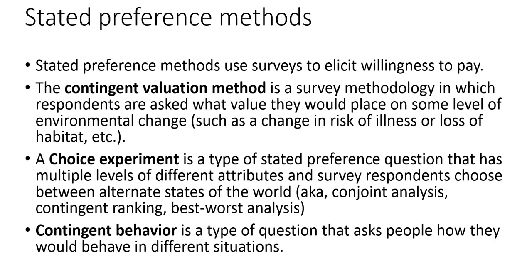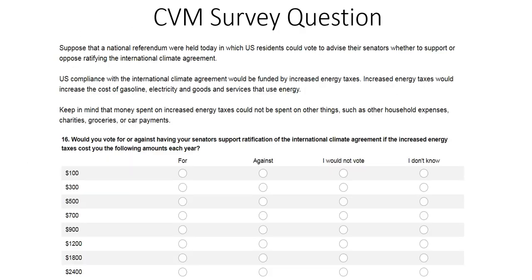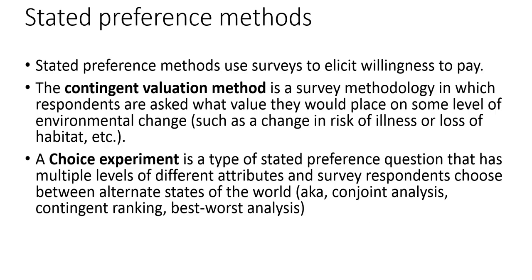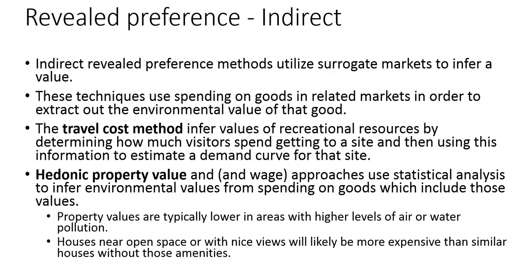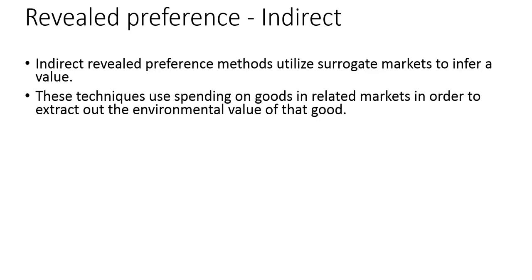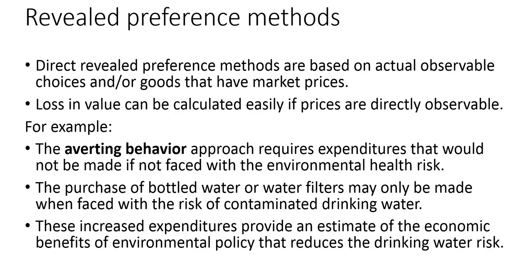The third type of stated preference method is known as contingent behavior. This is a question where you ask people how they would behave in different situations. So if we go back up to the averting behavior approach, you can ask people how they would behave in a water contamination situation.